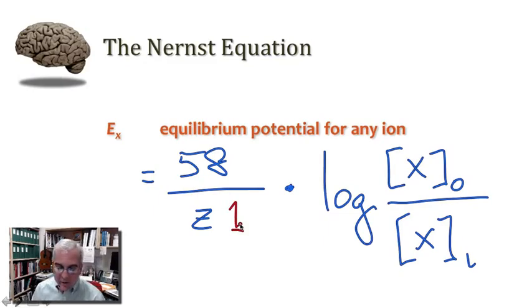So now we can imagine that the equilibrium potential for potassium is going to be 58 times the log base 10 of the concentration gradient. And to keep the math simple, for every 10-fold change in concentration gradient, we can expect an equilibrium potential of 58 millivolts, with the sign of that potential having to do with whether the concentration gradient favors the inside or the outside of the cell.